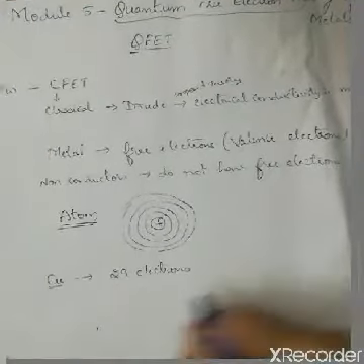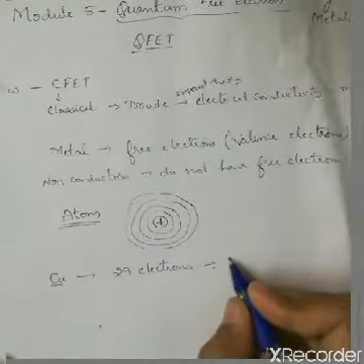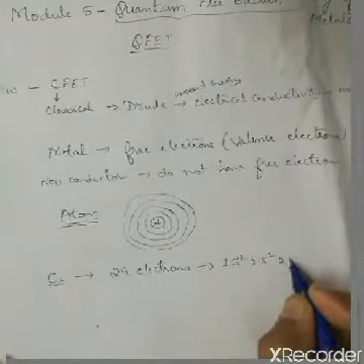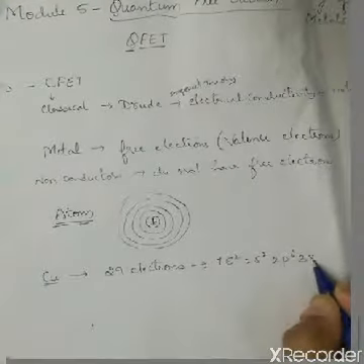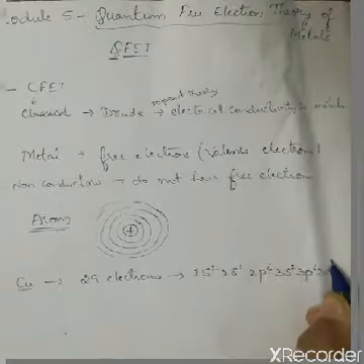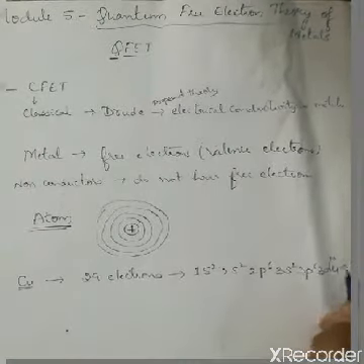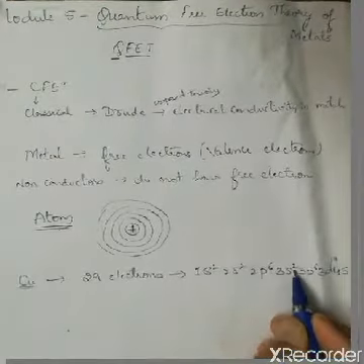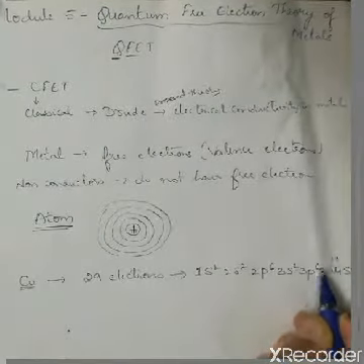For this the electronic configuration can be written as 1s2, 2s2, 2p6, 3s2, 3p6, 3d10, 4s1. Here you see 2, 2, 4, 4 plus 6, 10, 12, 6, 18, 28, 29.